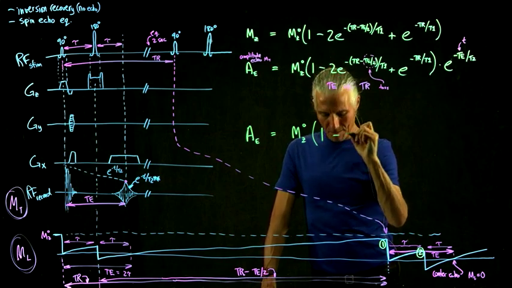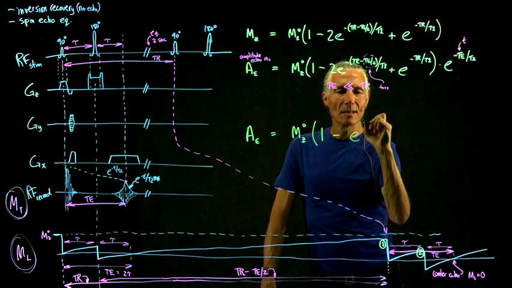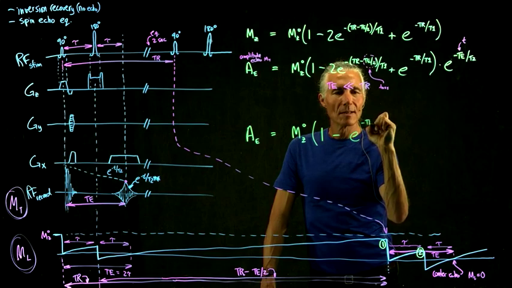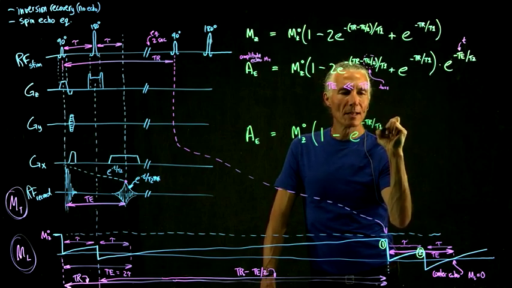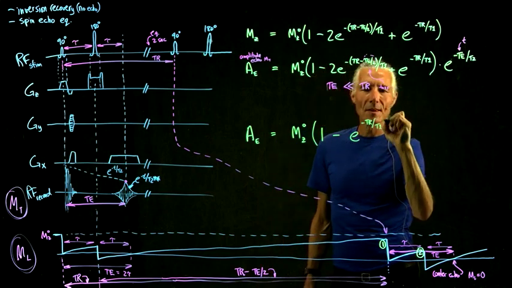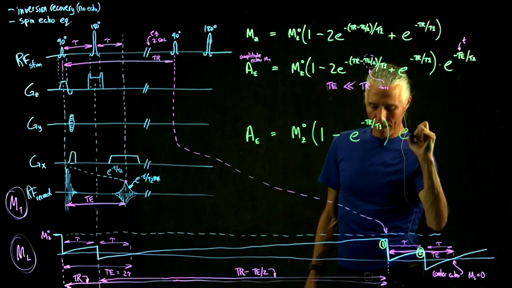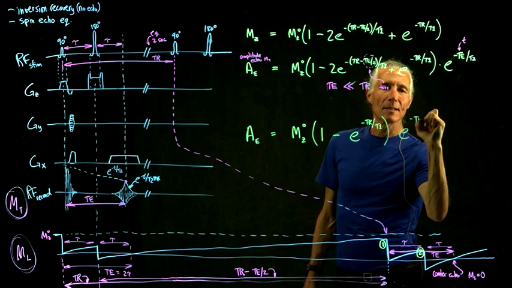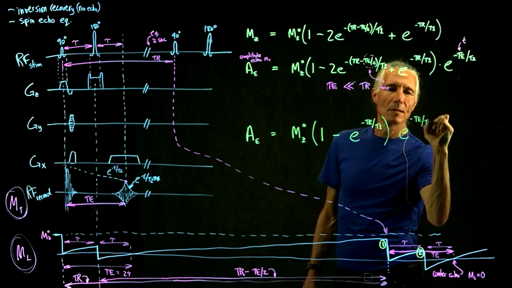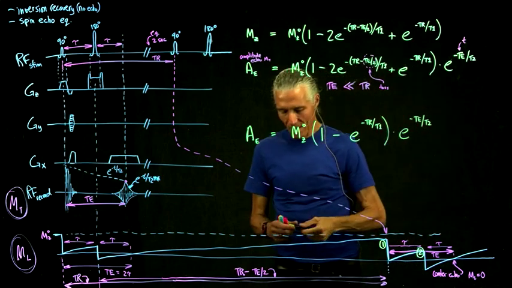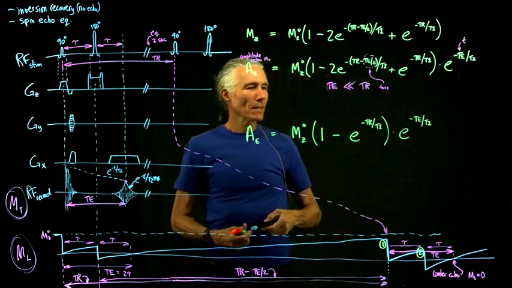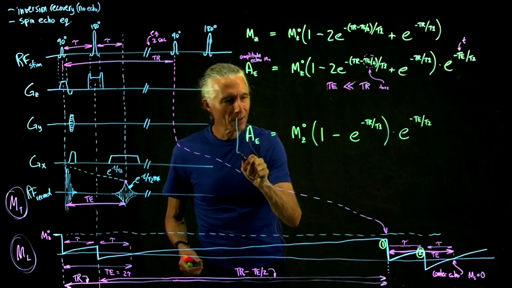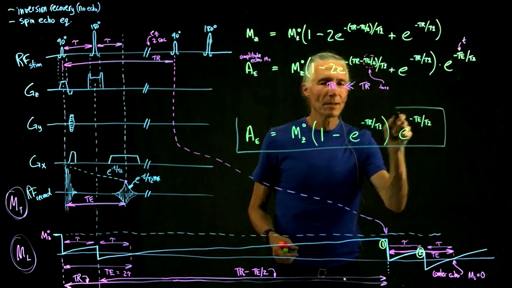It's 1 minus e to the minus TR over T1, times e to the minus TE over T2. So that's our final answer. And now let's look at that and see what it tells us.